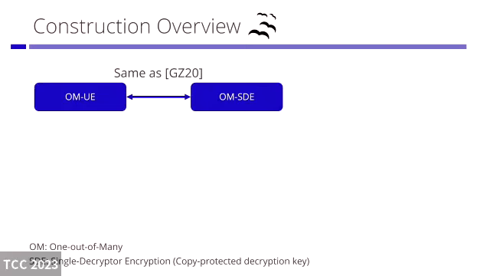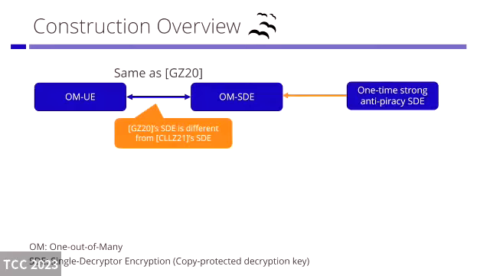We can prove this equivalence similarly to the result by Georgiou and Zhandry. Note that here, GZ20's SDE is different from CLLZ21's SDE. And next, we can show that one-time strong anti-piracy SDE implies one-out-of-many SDE.